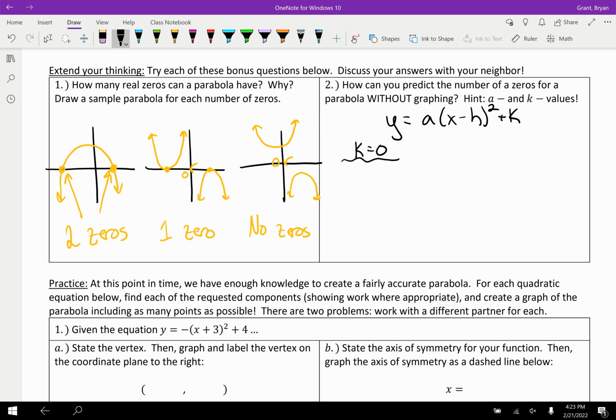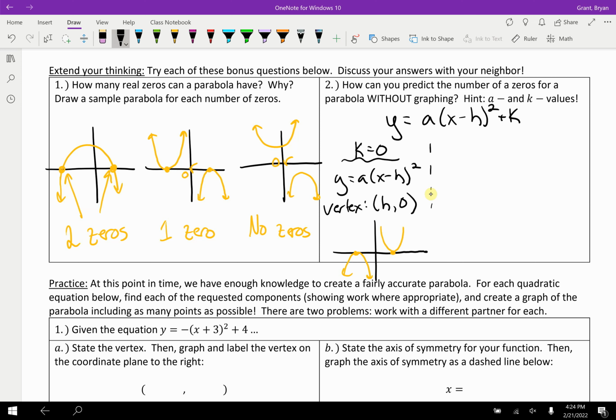If k is 0, then that gives you y equals a times x minus h squared, which means that your vertex is h comma 0. What do some parabolas with h comma 0 look like? Well, you could have a vertex h comma 0 right here. Maybe it goes up. You have a vertex with h comma 0 over here. Maybe it goes down. But I think h comma 0 is going to put you right on the x-axis, and that's only going to be a single zero.